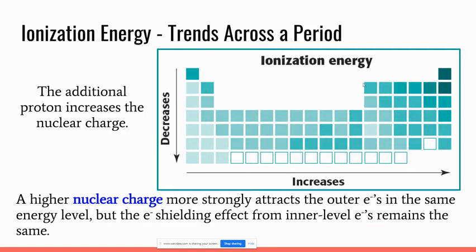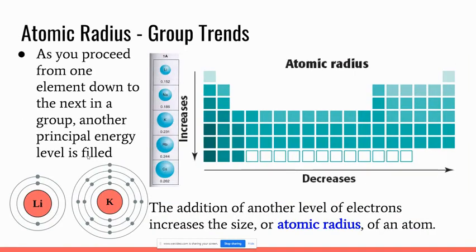And as we move across here, we're gaining more protons, and so the protons are increasing. Our distance from the nucleus, for the most part, isn't changing to a huge degree because we haven't added another layer in there. So as we move across, we're adding more positives in, we're adding more pull in for those electrons. So it's going to increase as we go across.